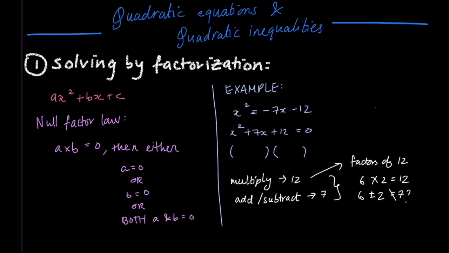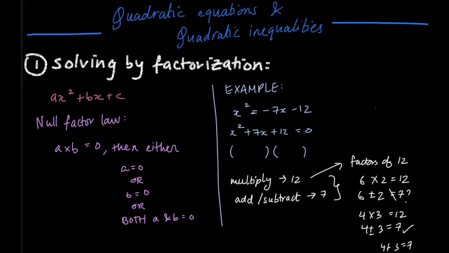No. 6 plus 2 is 8, and 6 minus 2 is 4. So this won't work. Let's look at 4 and 3, which multiply to 12. But is 4 plus or minus 3 equal to 7? Yes. 4 plus 3 is equal to 7. Therefore, these are the two roots of this equation. We've simply found the two roots.